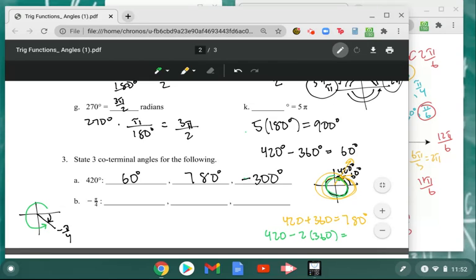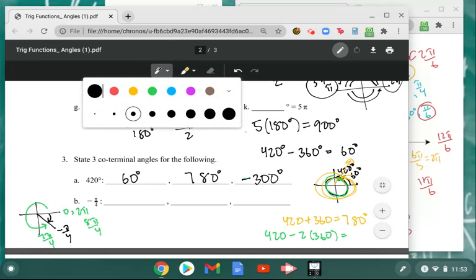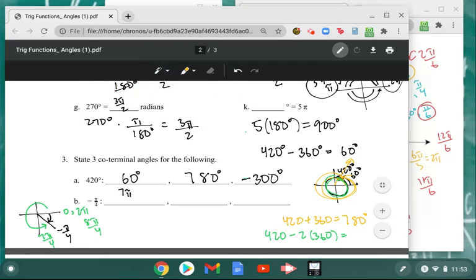This is 0 or 2 pi. In terms of fourths, this would be 8 pi fourths. I don't want to travel 8 pi fourths. I want to be just one short of that. So that would be 7 pi fourths.